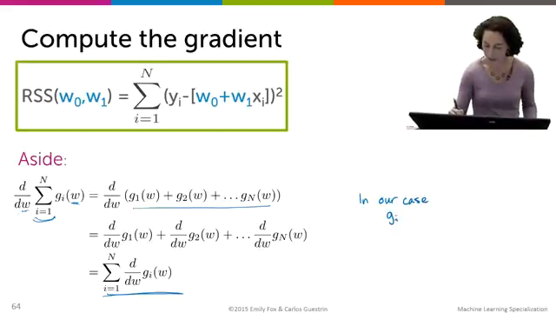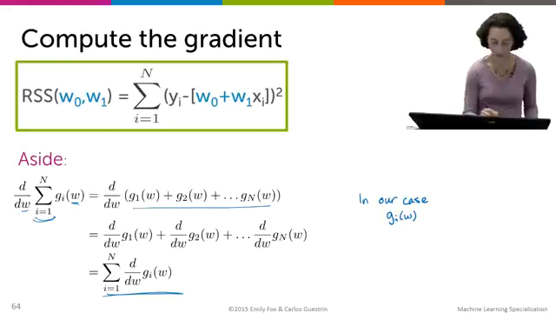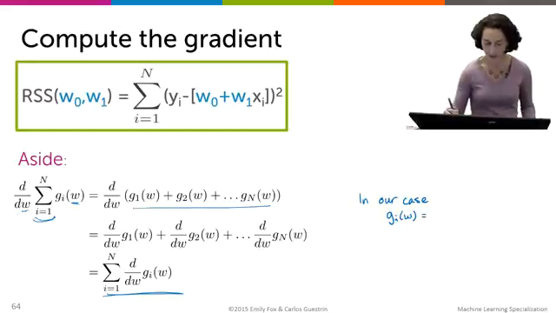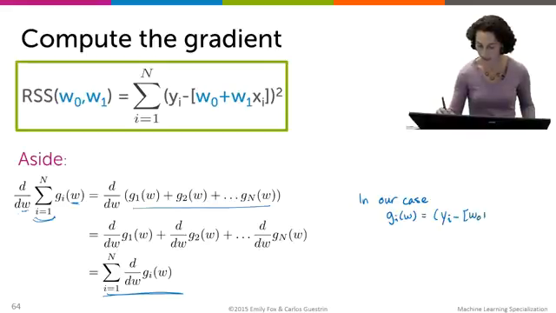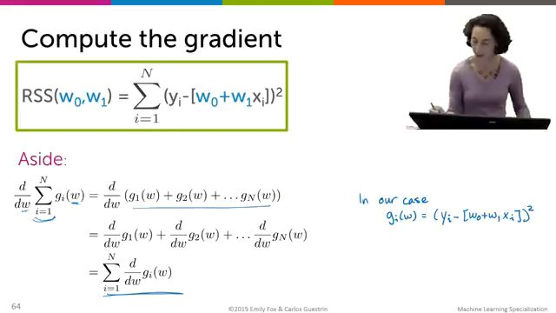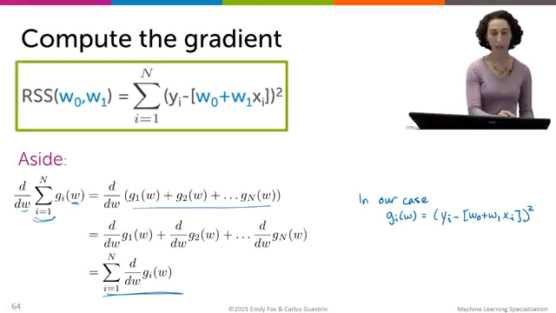So in our case, gi of w is equal to (yi minus (w0 plus w1 xi)) squared. And we see that the residual sum of squares is indeed a sum over n different functions of w0 and w1.